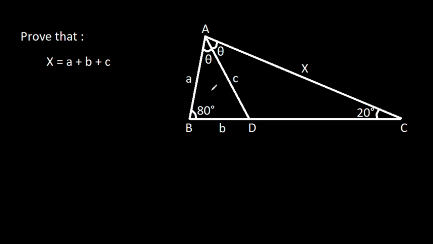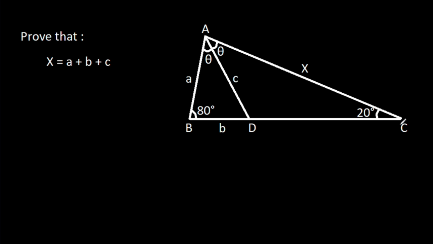In this video, we have been given that angle ABC is 80 degrees. Angle ACB is 20 degrees. Angle BAD is theta.